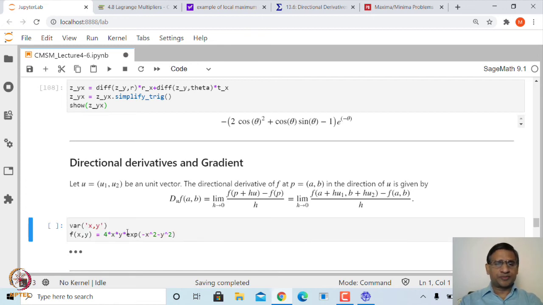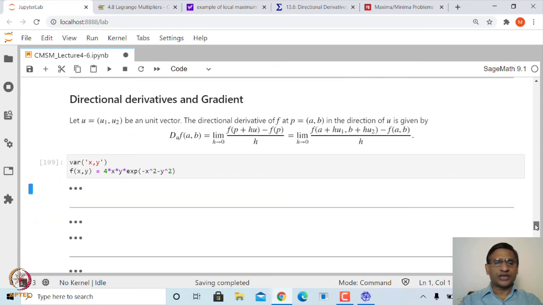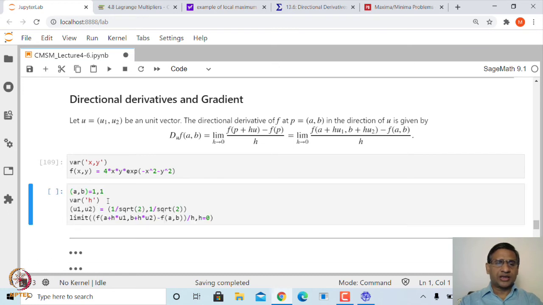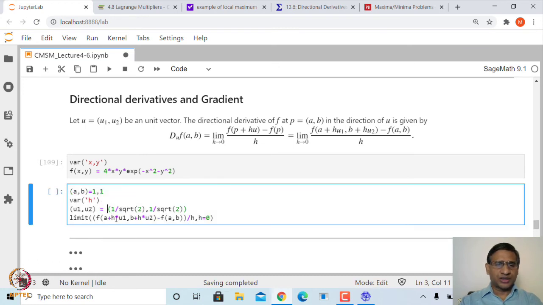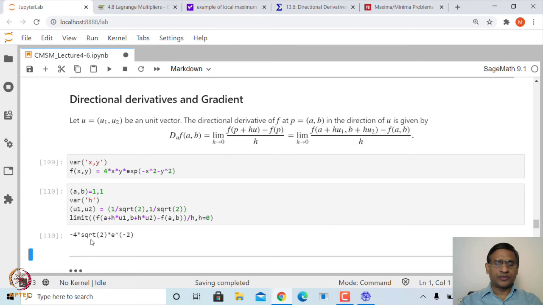So suppose you have this function f(x,y) equal to 4xy times exponential of minus x square minus y square, and you can find its directional derivative at the point (1, 1) in the direction of, let us say, (1 by square root 2, 1 by square root 2). That's a unit vector. So this is going to be minus 4 times square root 2 times e to the power minus 2.